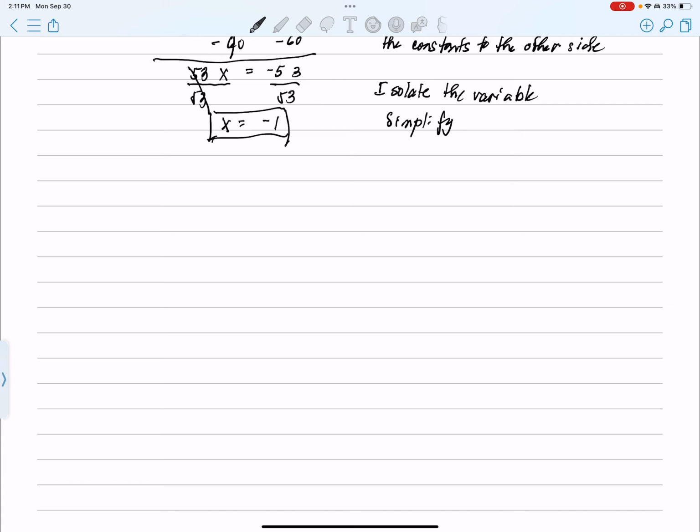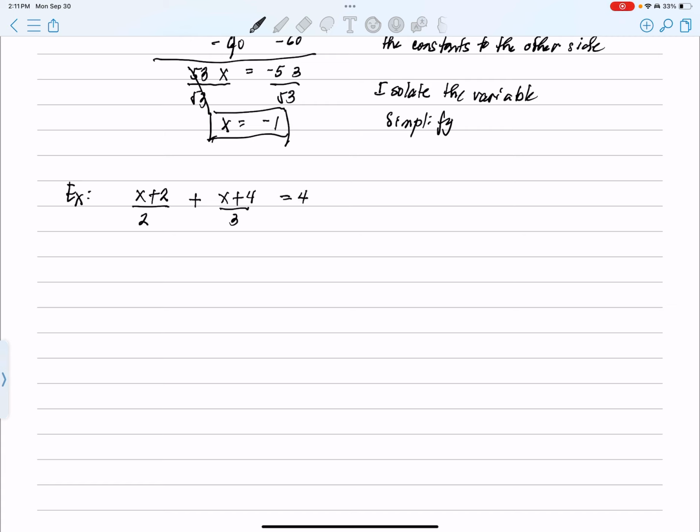When they see fractions, they tend to ignore the problem. So let's have another example. We have x plus 2 over 2 plus x plus 4 over 3 equals 4.